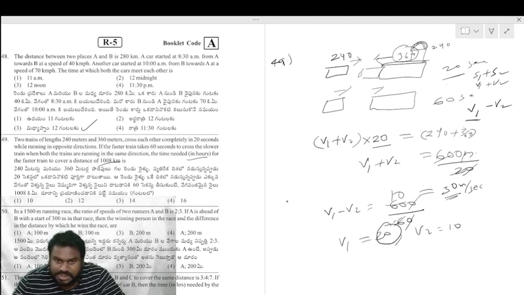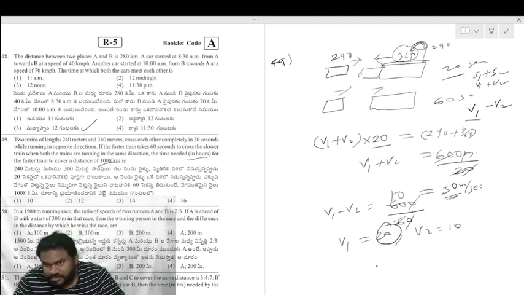Meters per second can be converted into kilometers per hour. Or if you don't know how to multiply, you can just convert here also. You multiply with 5 by 18, then also you will get it. So the time is equal to distance by speed, because speed into time equals distance. So 1008 kilometers by the velocity, which is, sorry, 20 meters per second.